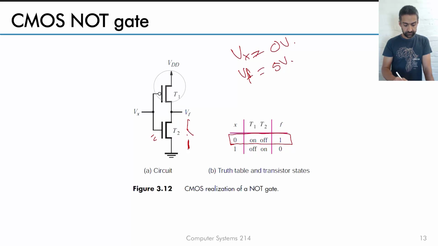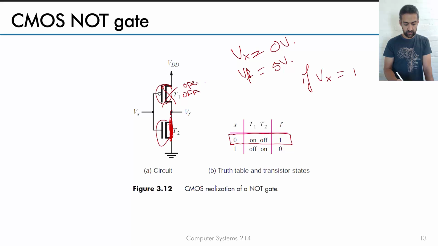Let's do the other one. So now we say Vx is equal to 1. If Vx is equal to 1, then this here will be off, so it will not be conducting. It will be open circuit. Open or off, that's a bit confusing, but it's true. And this transistor here will be turned on, so that'll be a short circuit.